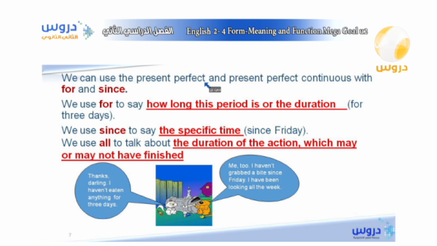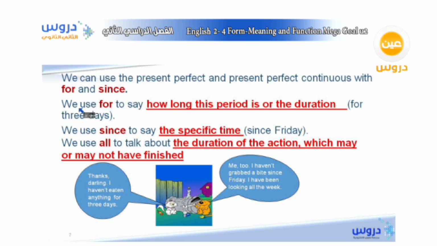Okay, now we can use the present perfect and present perfect continuous with for and since. What is the difference between for and since? We use for to say how long this period is, or the duration. For example, for 3 days.